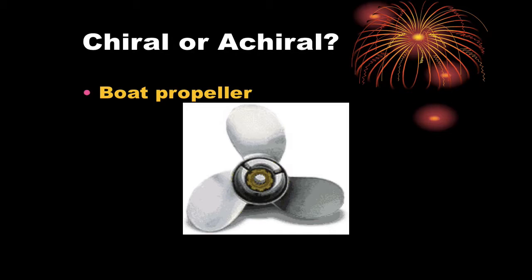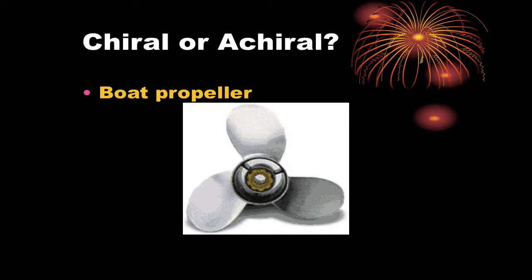What makes a boat propeller and its mirror image non-superimposable? Remember, a boat propeller, the blades come out and twist. They have a twisting motion to them, and I can twist to the right or I can twist to the left. If you take the one where it's twisting to the right and you put it in the mirror, it's actually twisting to the left in the mirror image. And if you took both of those and you tried to superimpose them, they wouldn't. You'd get the hubs to line up, but the blades would be going in different directions.